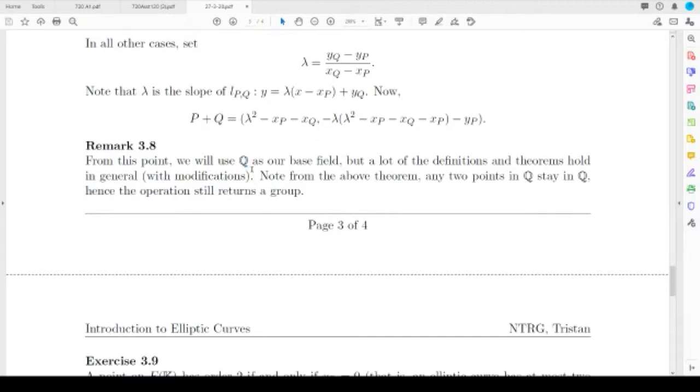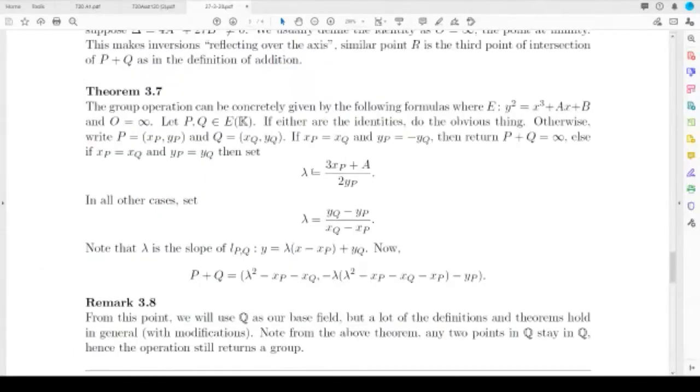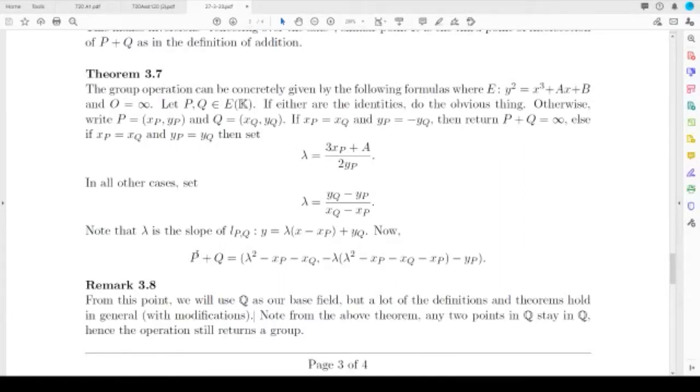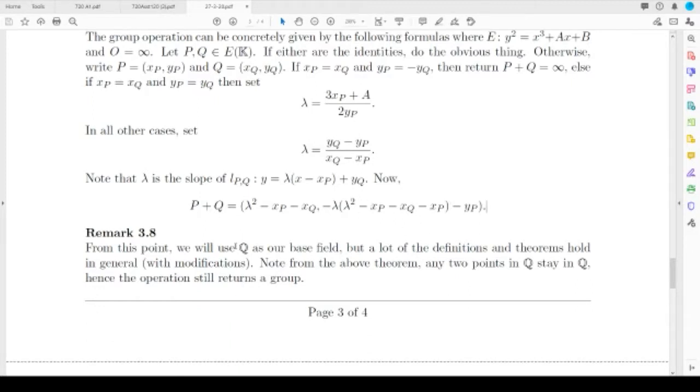But if you look at these formulas here, if you take 2 rational points, so if xp and yp were both in the rational numbers, and same with xq and yq, then our sum p plus q is also rational because we aren't taking any square roots or anything. It's all just squaring, adding and multiplying here. So that means if we take points in Q, we also end up in Q.